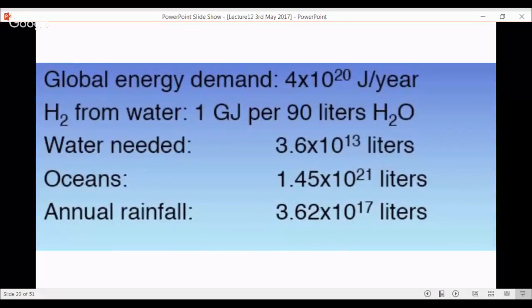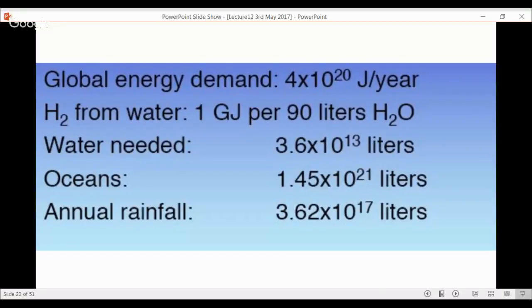Now one question we have to answer. If we are talking about water shortage, and we are talking about water being used as the fuel, what is the situation? The global energy demand of the earth is 4 times 10 to the 20 joules per year.